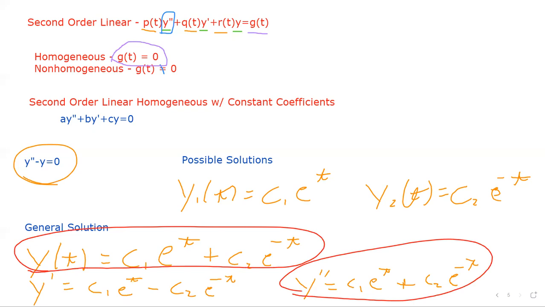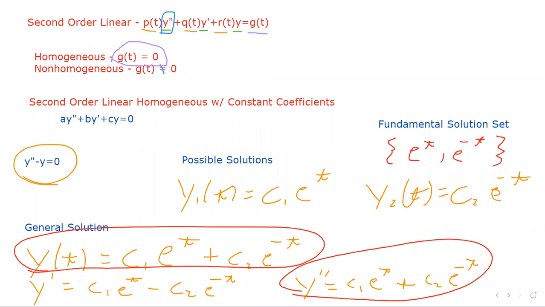Now, what we're going to say is that we will have a fundamental set, or a fundamental solution set, if you want. And that fundamental solution set will include, and we're going to write it in set notation, you write it as a group with curly brackets, those two.